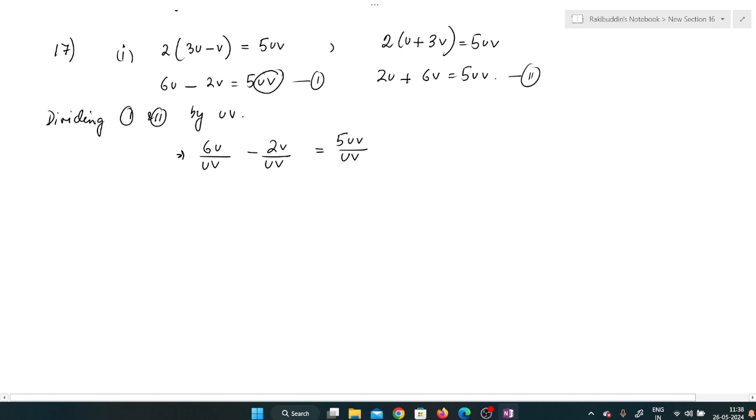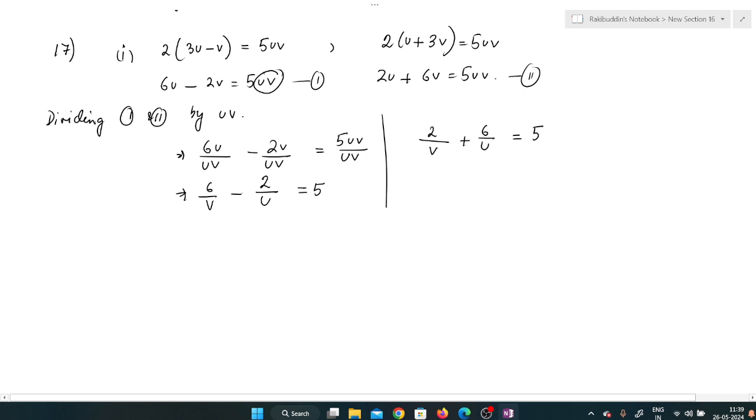So it becomes 6 by v minus 2 by u equals to 5. And this equation becomes 2 by v plus 6 by u is equals to 5.